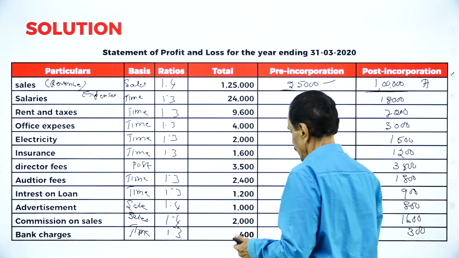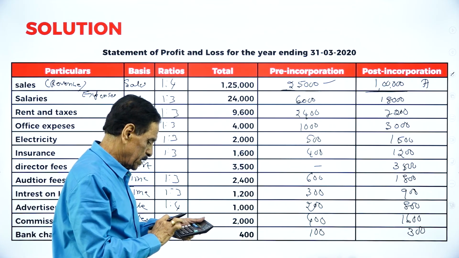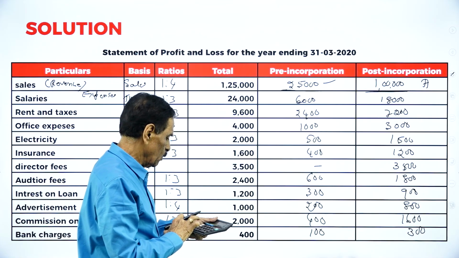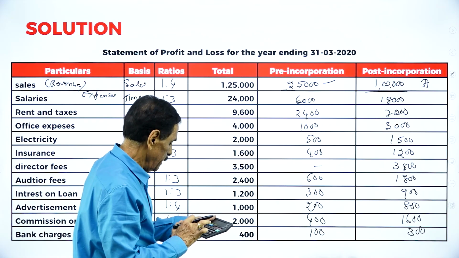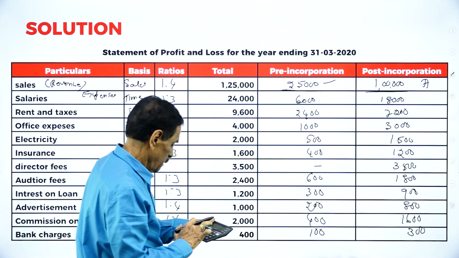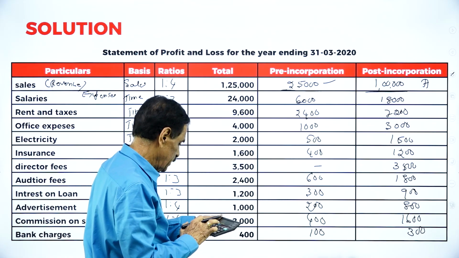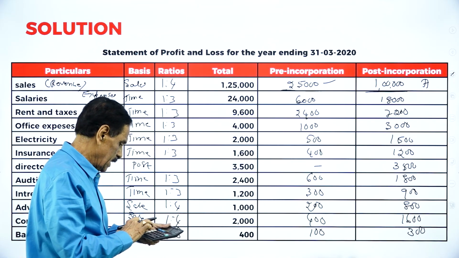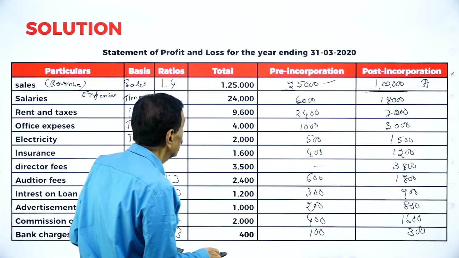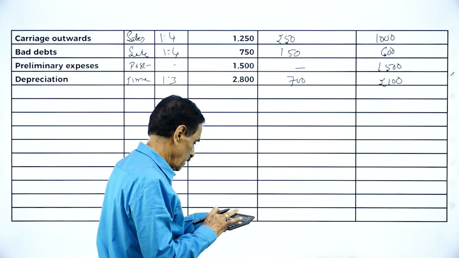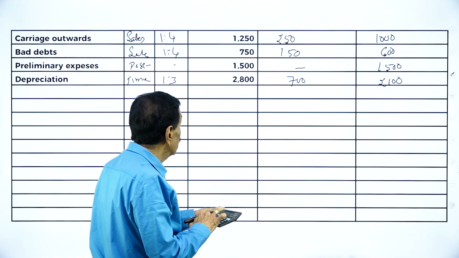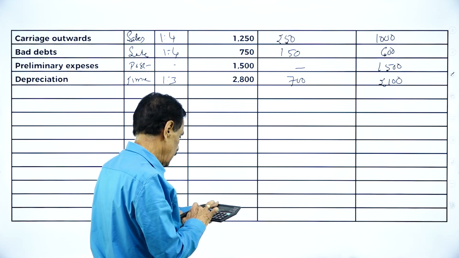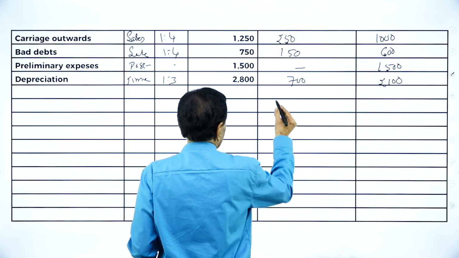All our expenses: 6,000 plus 2,400 plus 1,000 plus 500 plus 400 plus 600 plus 300 plus 200 plus 400 plus 100 plus 250 plus 150 plus 700 is equal to 13,000.